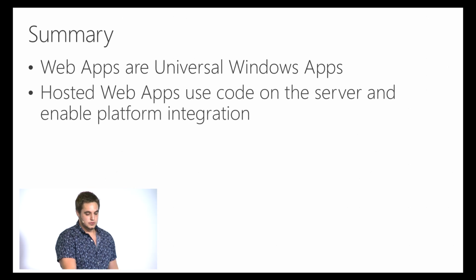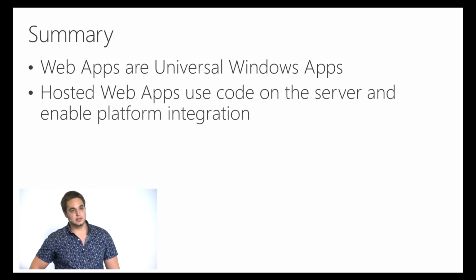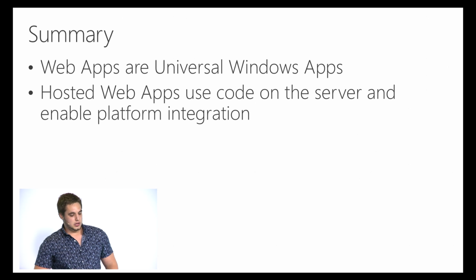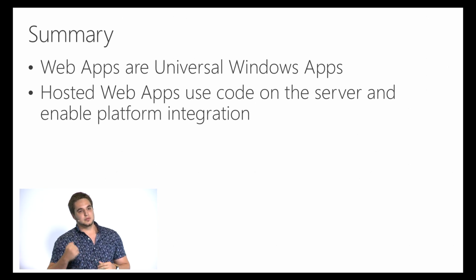Hosted web apps use code on the server to enable platform integration. What this means is JavaScript on your server is able to call directly into the native Windows APIs, just like the Cortana integration that I showed, or the calling of other native APIs like contacts and appointments. You're able to directly do that from JavaScript on your server.